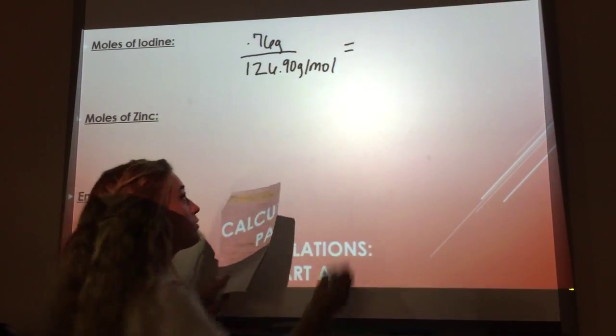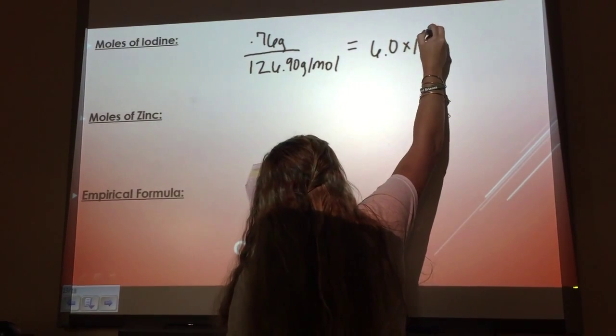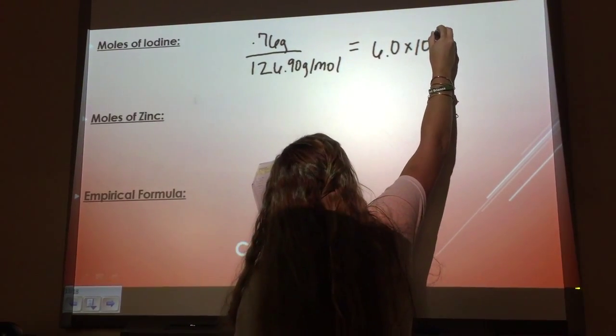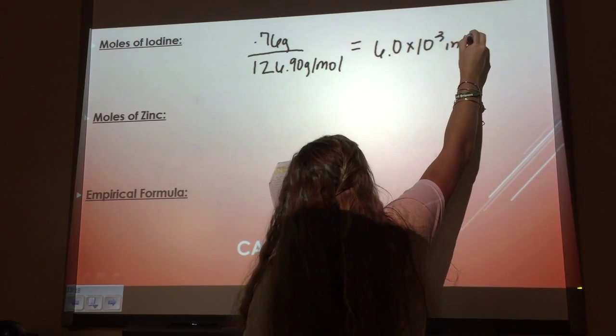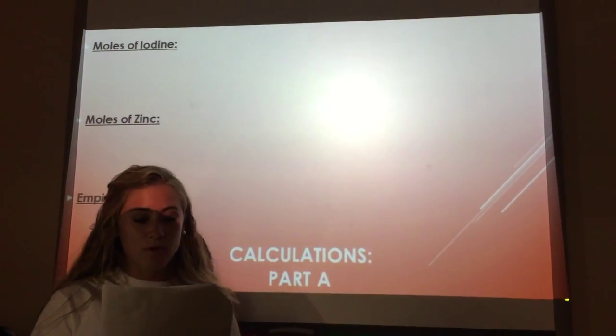This turns out to be equal to 6.0 times 10 to the -3 moles of iodine.